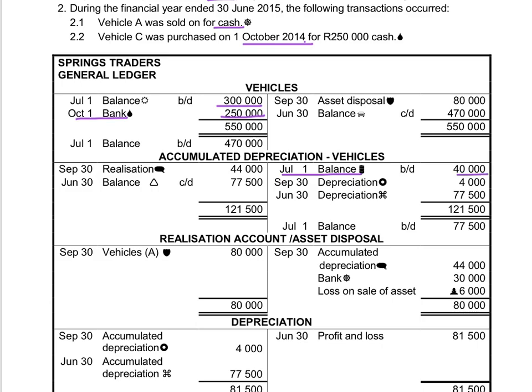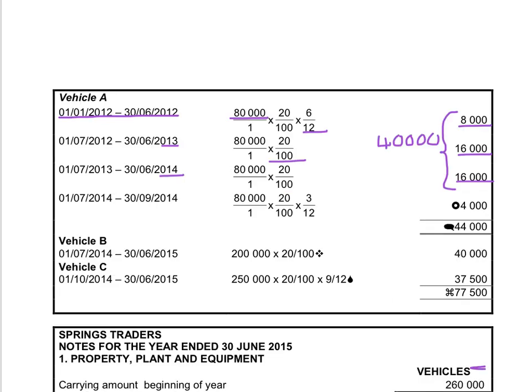Okay, now because this is the cost price method, we can calculate depreciation without taking previous accumulated depreciation into account. Step number 1 is to calculate depreciation for the current year on the asset that was sold. We started using it on the first day of the financial year.